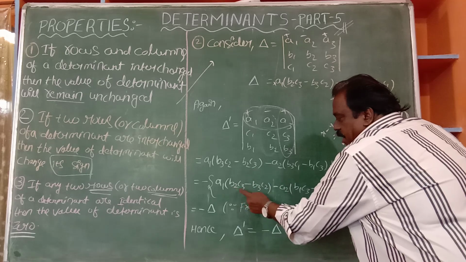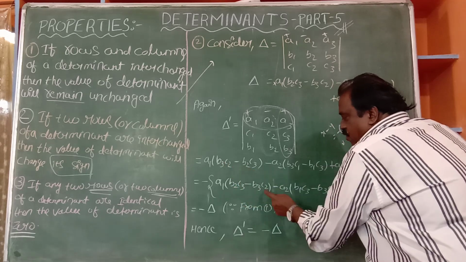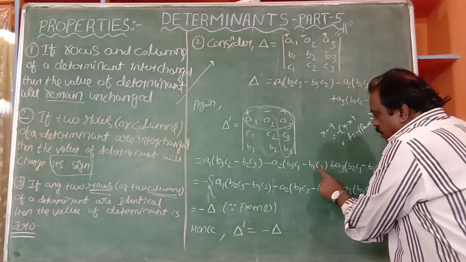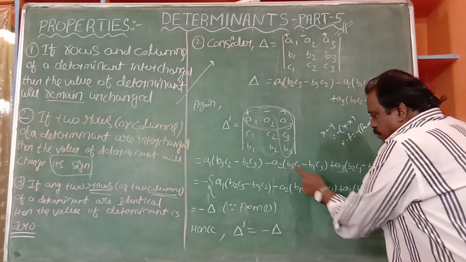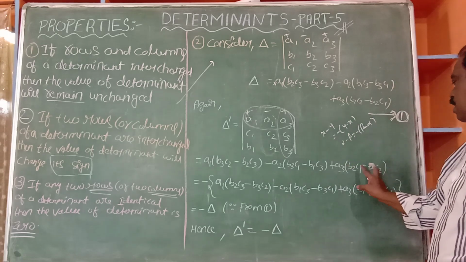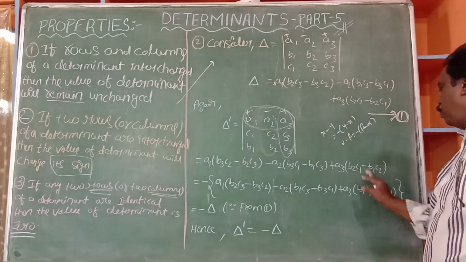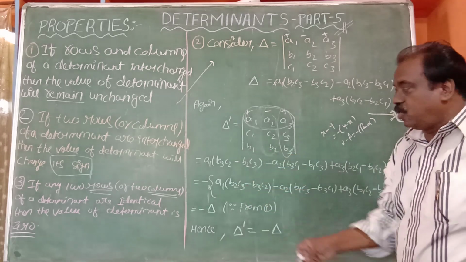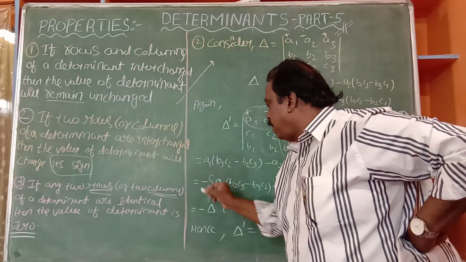B2 C3 minus B3 C2. Here also I interchanged, B1 C3 minus B3 C1. Here also the two terms in each bracket are reversed, B1 C2 minus B2 C1. So in total we get a minus.